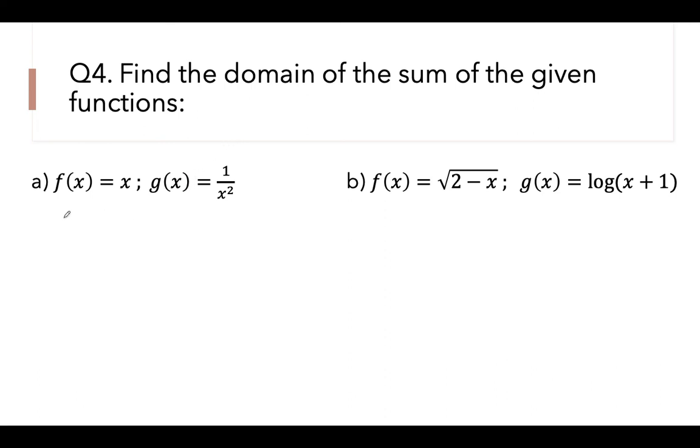So the domain for the first function is x can be any real number. For the second function, you will notice that the domain is x can be any real number, but it cannot equal 0. So if you were to use Desmos, it will look something like this.